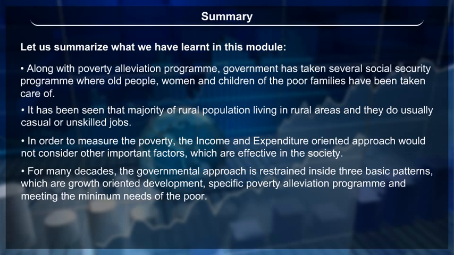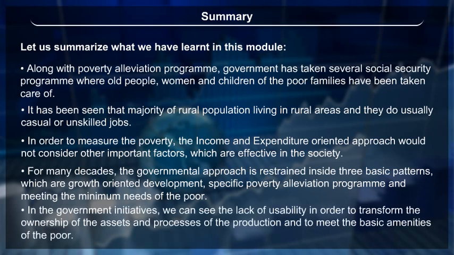For many decades, the governmental approach has been restrained inside three basic patterns, which are growth-oriented development, specific poverty alleviation programs, and meeting the minimum needs of the poor. In the government initiatives, we can see the lack of ability to transform the ownership of the assets and processes of production and to meet the basic amenities of the poor.